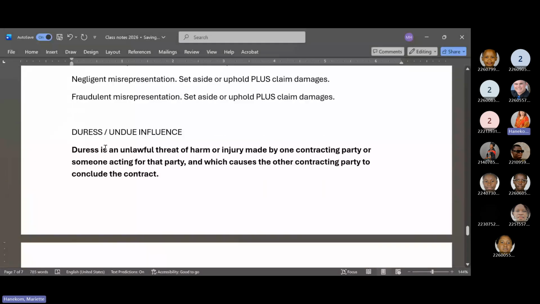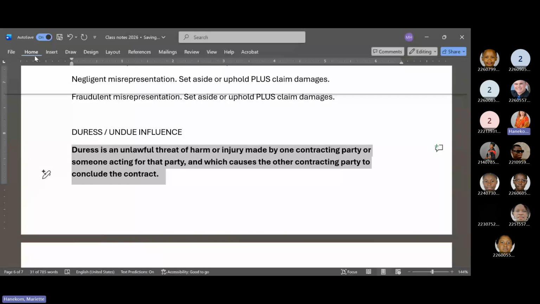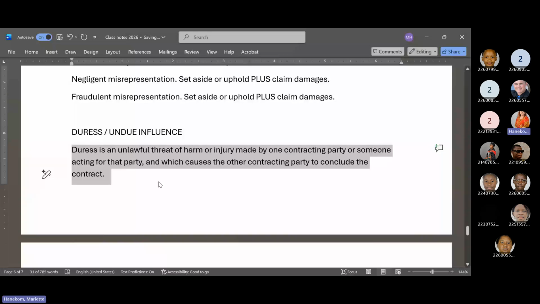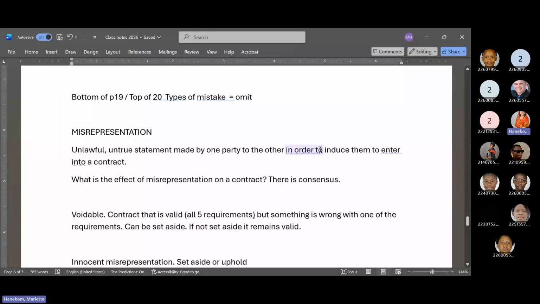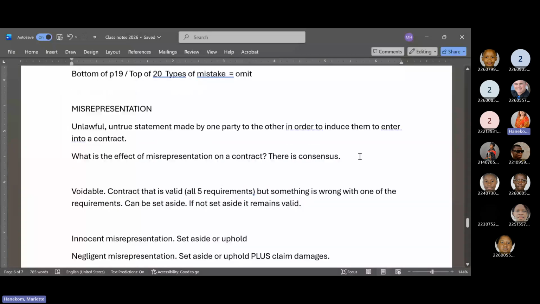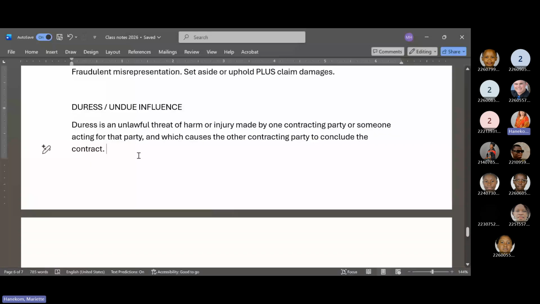So duress: an unlawful threat of harm or injury made in order to cause the other contracting party to conclude the contract. So misrepresentation, an untrue statement made in order to induce them to enter into a contract. Duress, a threat of harm or injury made in order to induce them to enter into the contract.